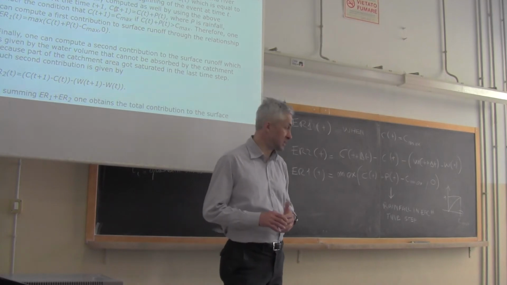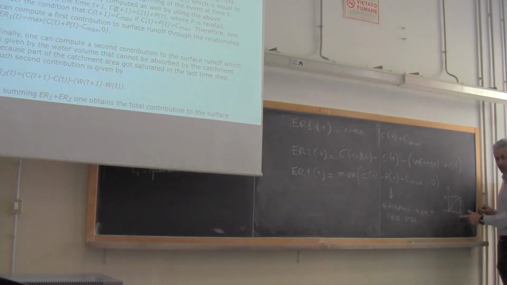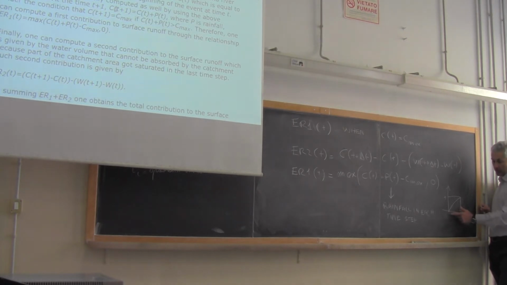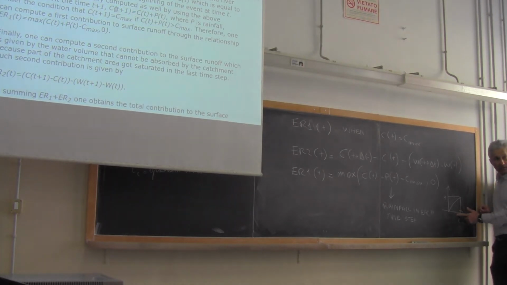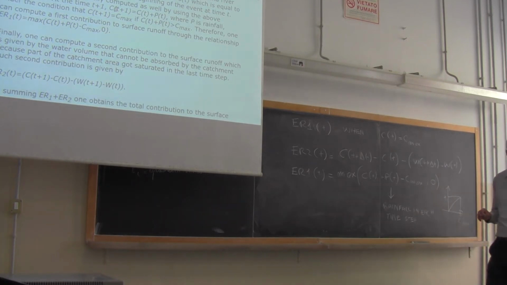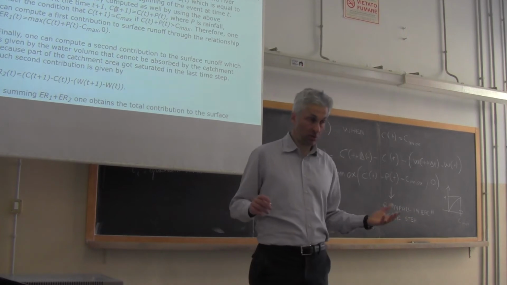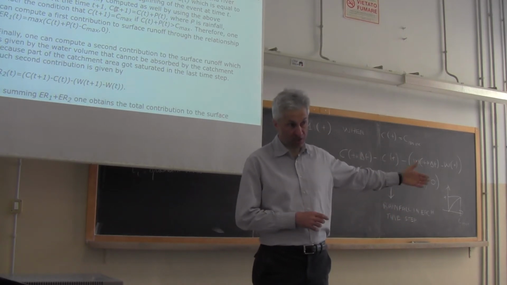And therefore, in this curve here, I'm not always moving forward. I'm moving forward along the curve when it rains, and when it stops raining, evaporation brings me back, meaning that the storage in the catchment goes down. And therefore I am moving back in the curve. And I may get to the point where I don't have any more storage in the catchment. So when it rains next time, I have to start from 0 in the curve.